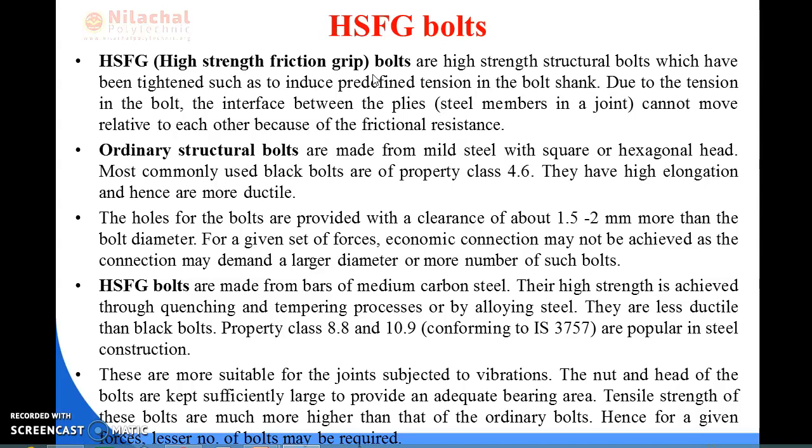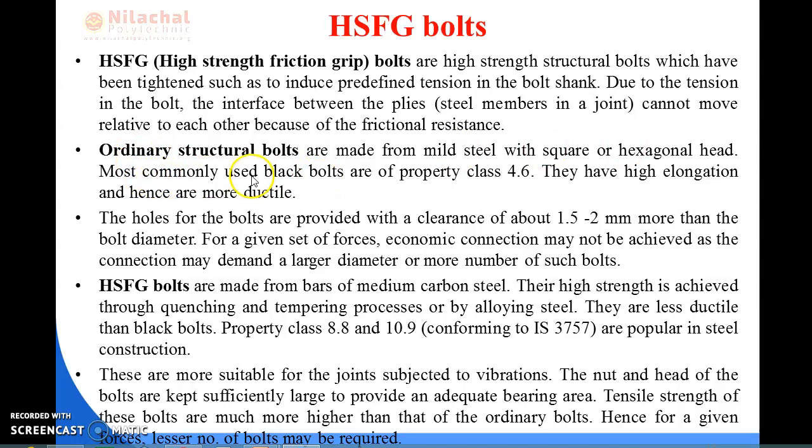So in case of an ordinary structural bolt, that means your finished and unfinished bolts, they are made from mild steel, as you know, with a square or hexagonal head. But nowadays hexagonal head bolted connections are more commonly provided in construction.